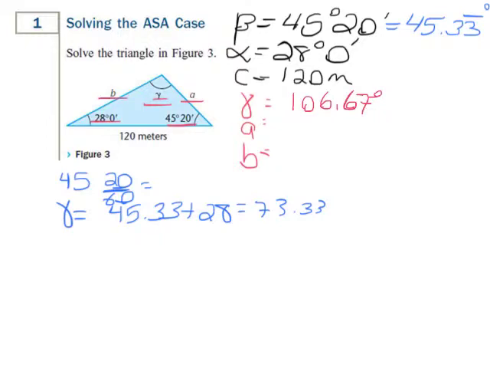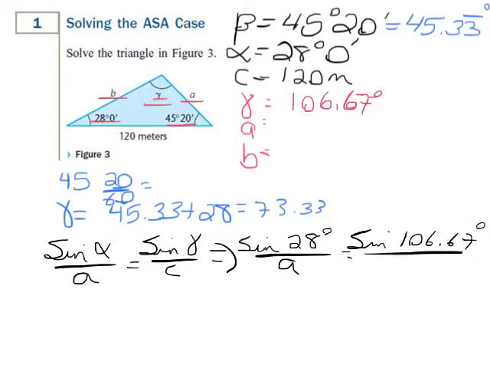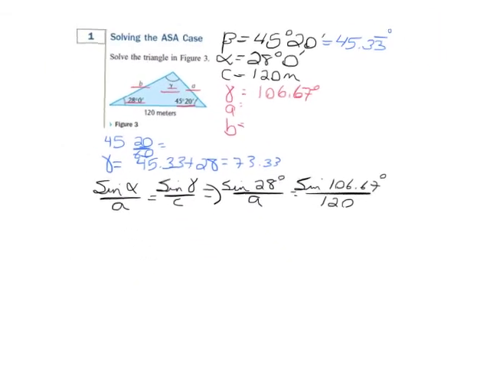Okay, now we can go ahead and solve for A. To solve for A, we need to think about our law of sines. We want to solve for A, so we need the sine of alpha over A, and then see what we're given. We now have gamma and a side, so we're going to use the sine of gamma over C. And now we're just going to plug and chug. So we've got the sine of alpha, which is 28 degrees, over A, which we don't know, equal to the sine of gamma, which is 106.67 degrees, all over C, which is 120 meters.